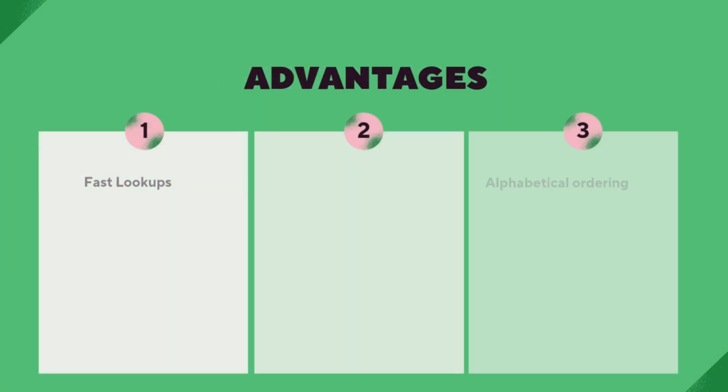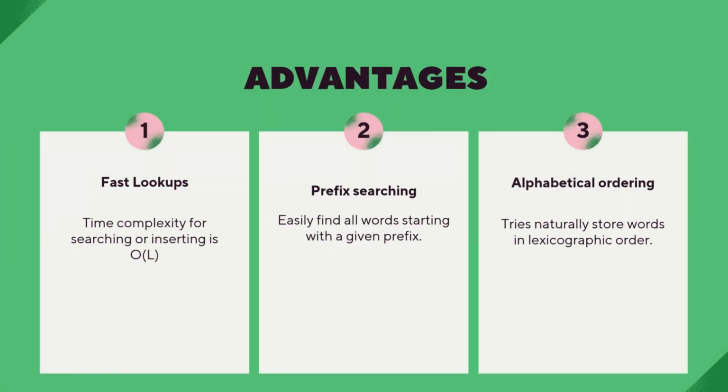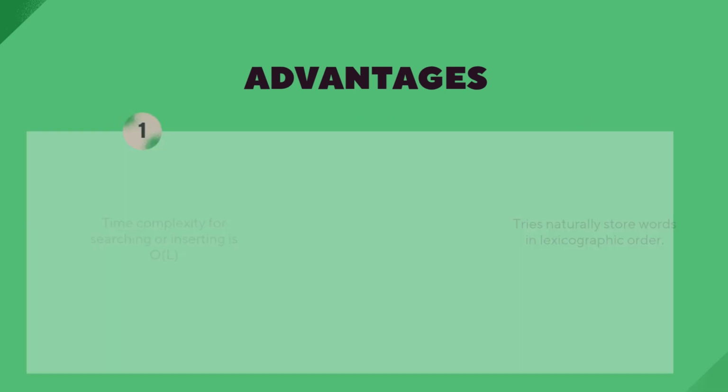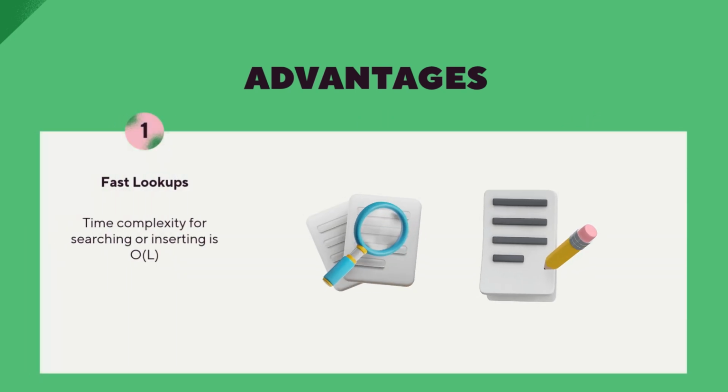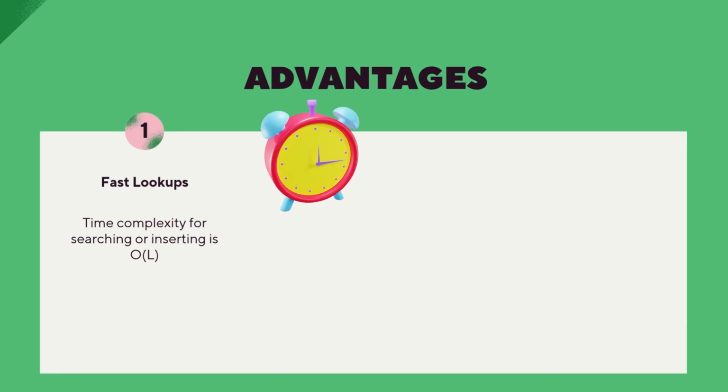The key advantages of tries include: first, fast lookups. Time complexity for searching or inserting is O(L), where L is the length of the word. This means the time it takes to find or insert a word depends only on how long the word is, not on how many words are in the trie.